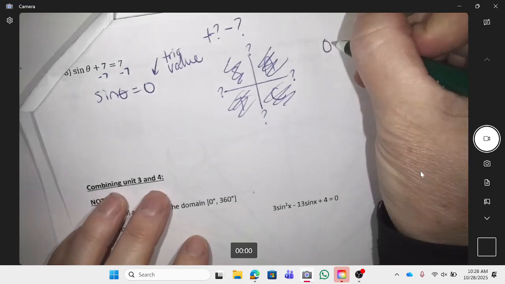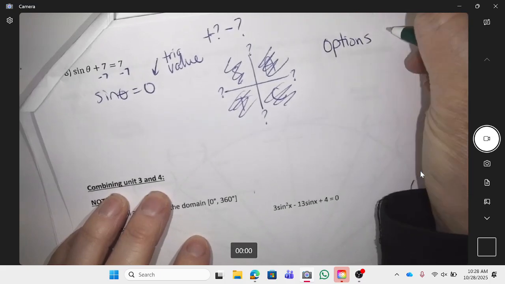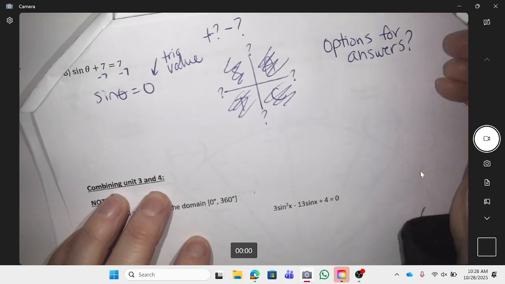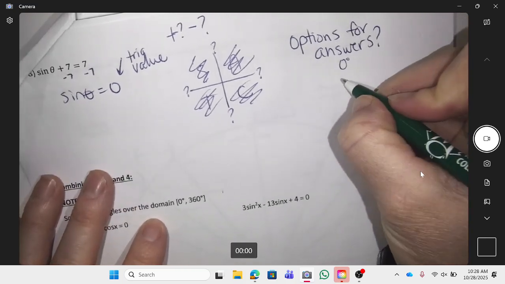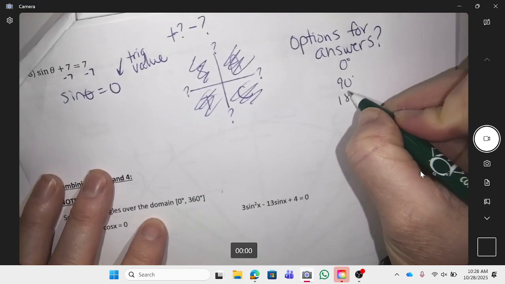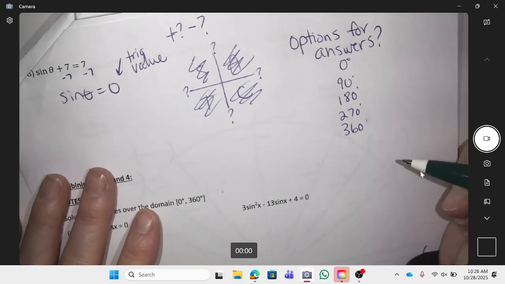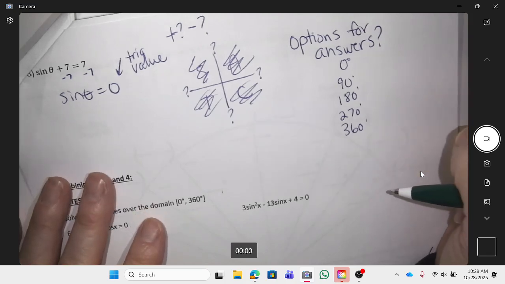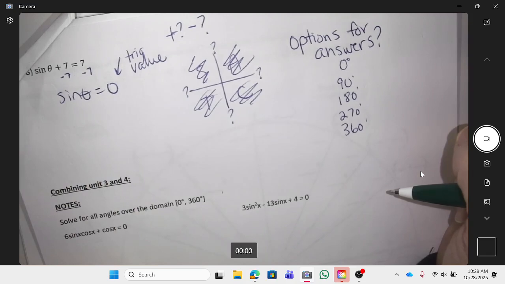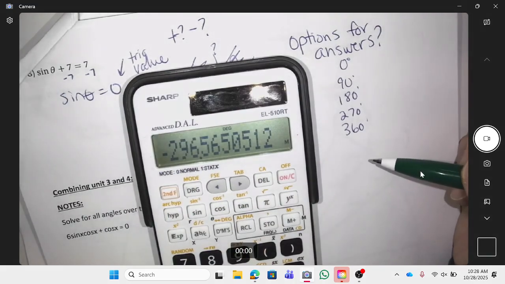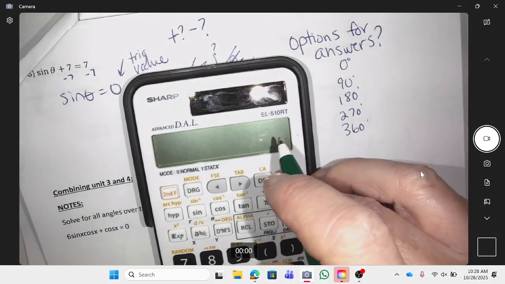So what are my options for answers? 0, 90, 180, 270, 360. Those are some options. Which ones work? Okay? So you can go to your calculator and you only have 5 to test.